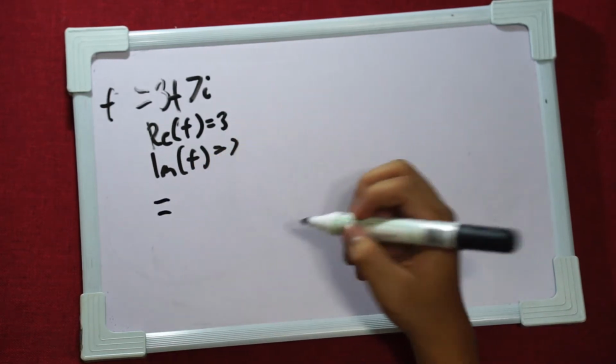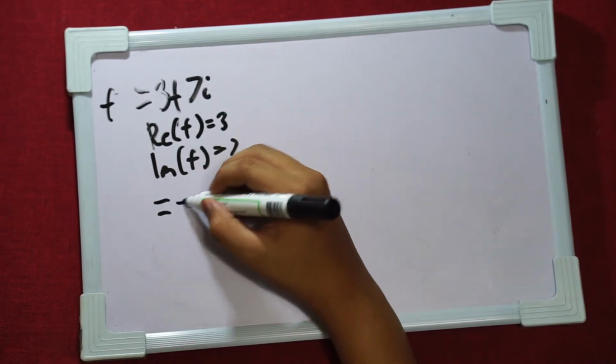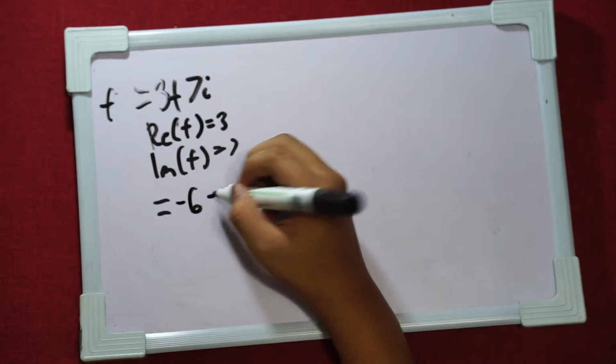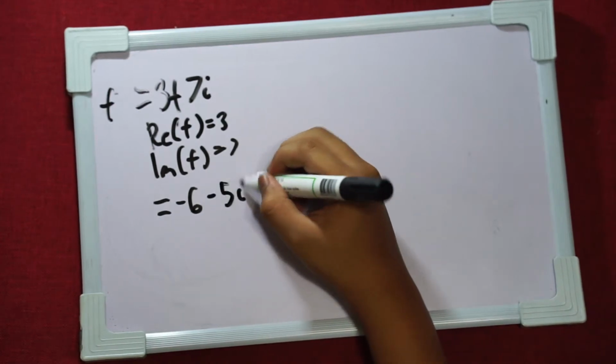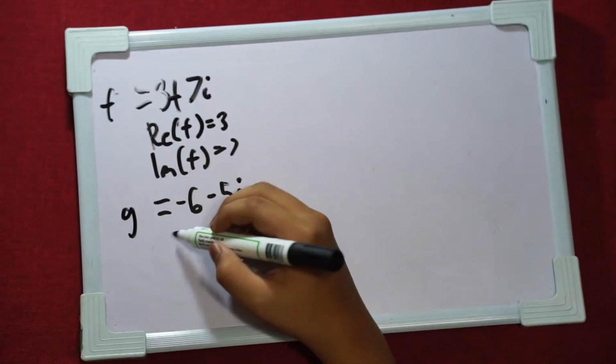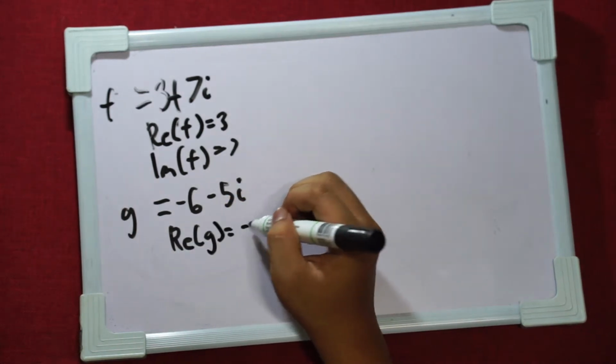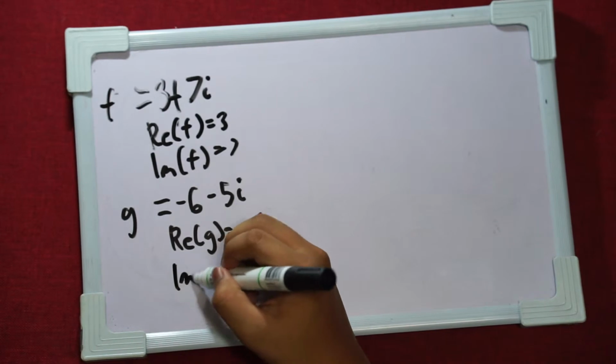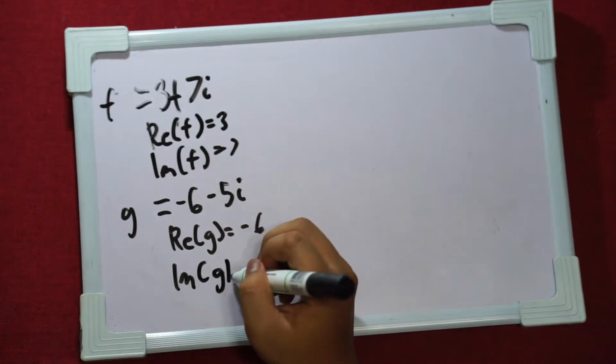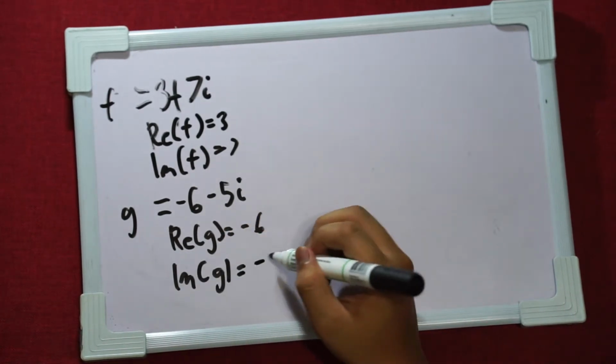Another example would be -6 minus 5i. You can call this g, and the real part of g is -6, and the imaginary part of g is -5.